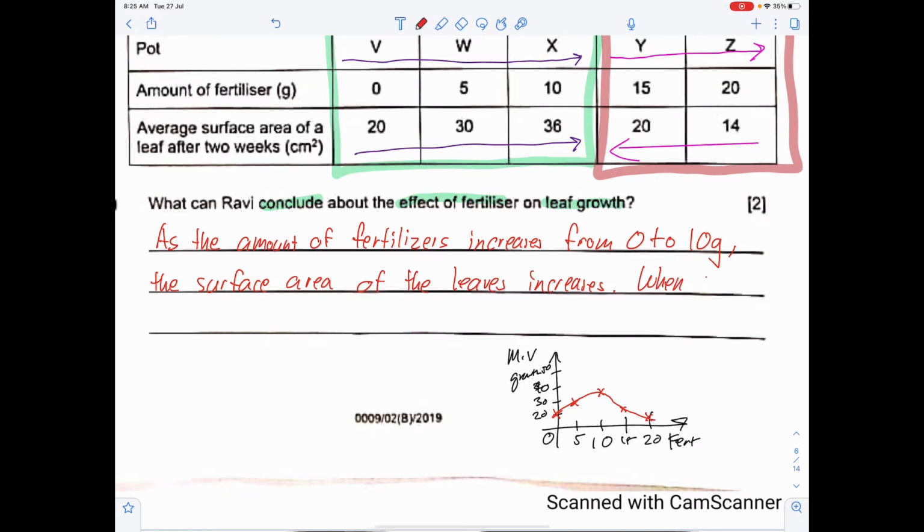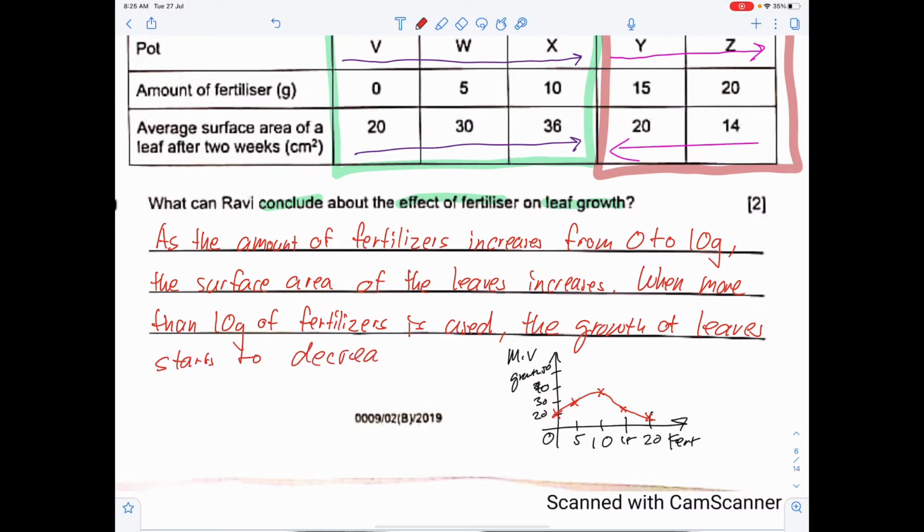When more than 10 gram of fertilizers is used, the growth of leaves starts to decrease. So if you mention trend without stating the values, half mark.